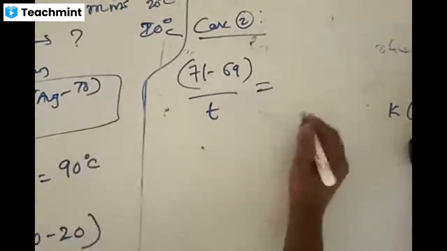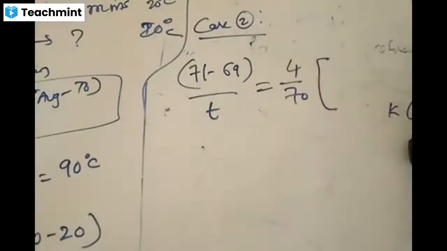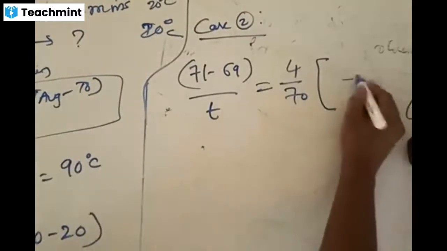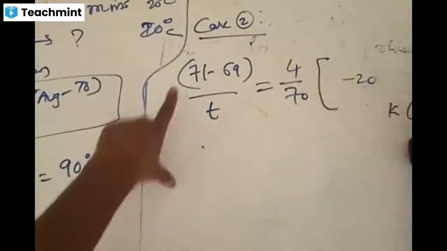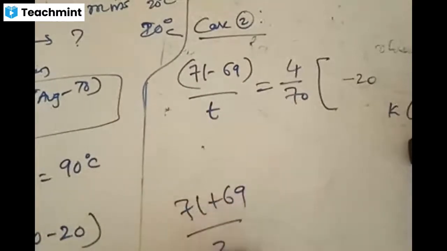So is equal to, what is K now? 4 by 70. K into, what's the average change of temperature here? You should find the average of these two values. That is 71 plus 69 by 2, which is equal to 140 by 2, which is equal to 70.